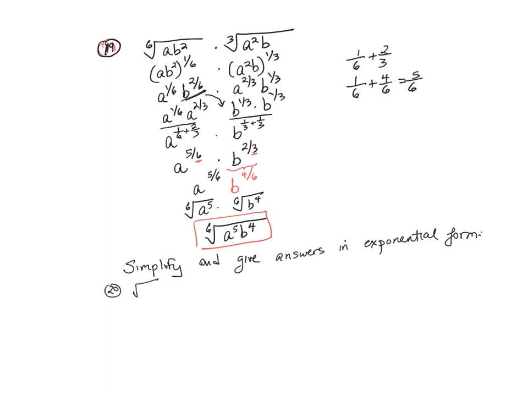The square root of x times the cube root of x times the sixth root of x. Okay, and then this one, 21. The cube root of a squared times the cube root of a to the 4th. All right, that one isn't too bad. I have another one, which I will put on the next page once we're done with these. Okay, so let's try them.